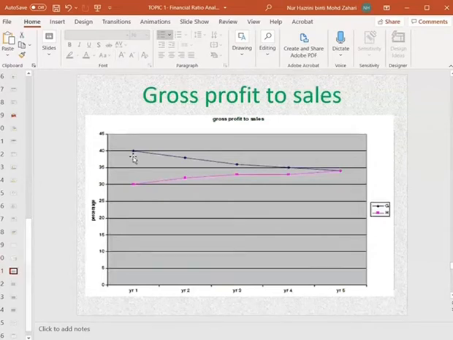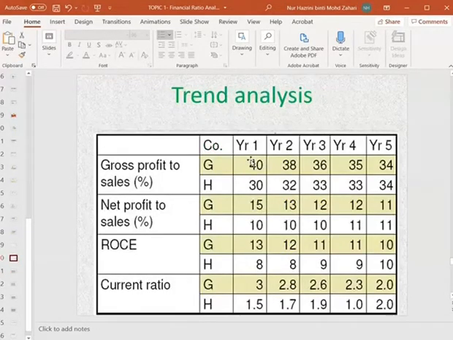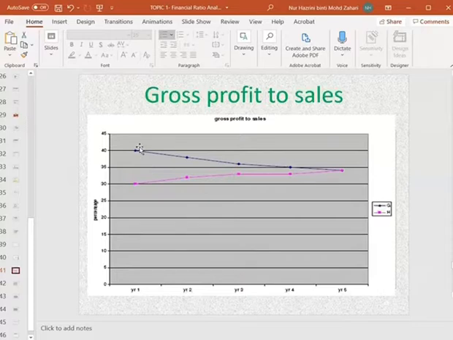How to do trend analysis? Plot the graph. This graph is generated from whatever you have calculated here. You can say company G's gross profit is higher for the first year as compared to company H, but throughout the years the gross profit margin decreases.